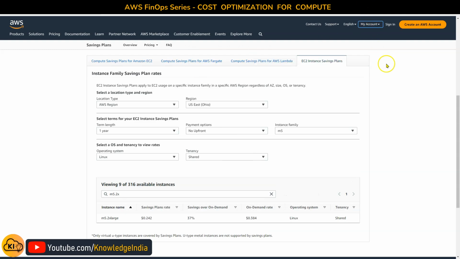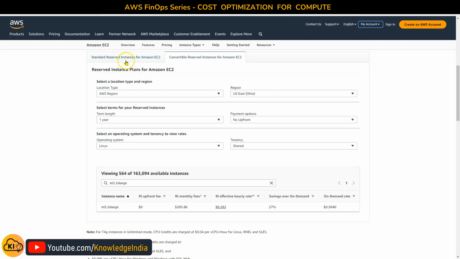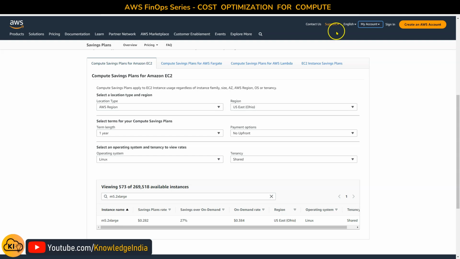In the same way, when you go to savings plan and choose compute savings plan for EC2, with M5 2xlarge, you will be saving 27%. So in your mind, you can understand that if you were about to use standard reserved instances, instead of that you can use EC2 instance savings plan.